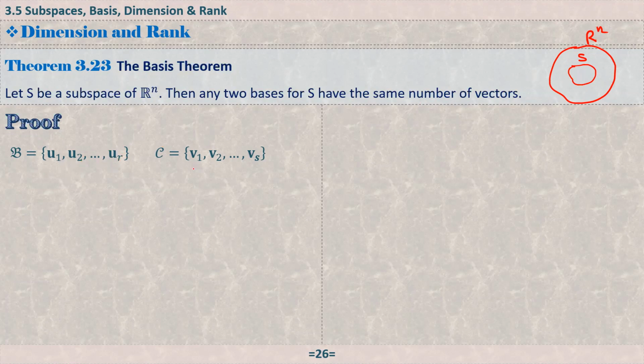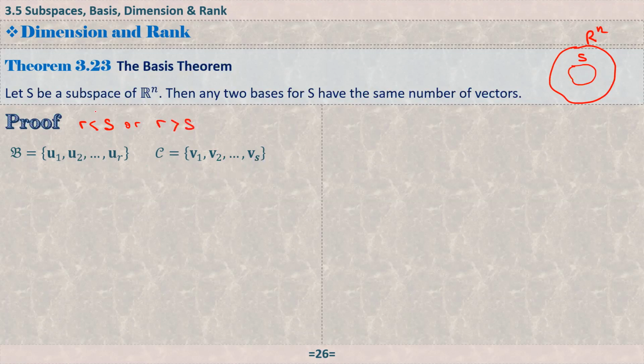And this is another basis, v1, v2, ..., vs, and we are going to show that r and s must be equal to each other. In some different ways we can show this, but here I will show that r cannot be less than s, and r cannot be greater than s.